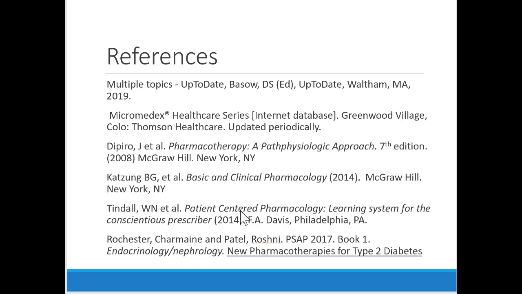Know the drug classes and know some of the drug names within the classes. I really do think it's important, especially if you plan on having primary care as a component of your midwifery practice. You're really going to want to know these drugs. Diabetes, again, is so common that you're going to see patients on all of these drugs. Even though it seems like a lot, it's probably worth your time to put in and invest into knowing these.